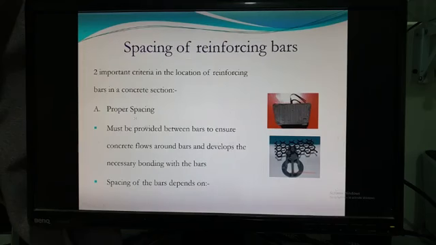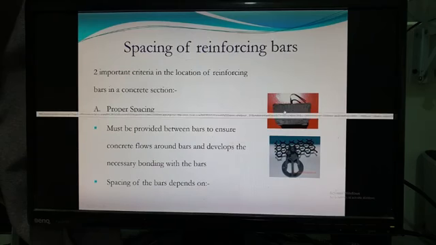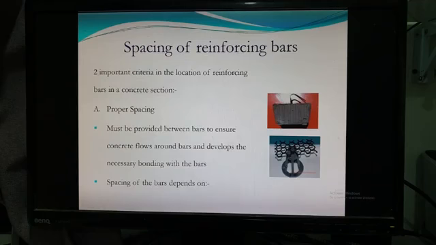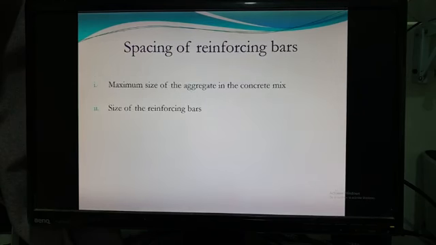So proper spacing must be provided between bars to ensure concrete flows around bars and develops the necessary bonding. So the bars must be separated from each other. How far they are separated depends on the maximum size of the aggregate.